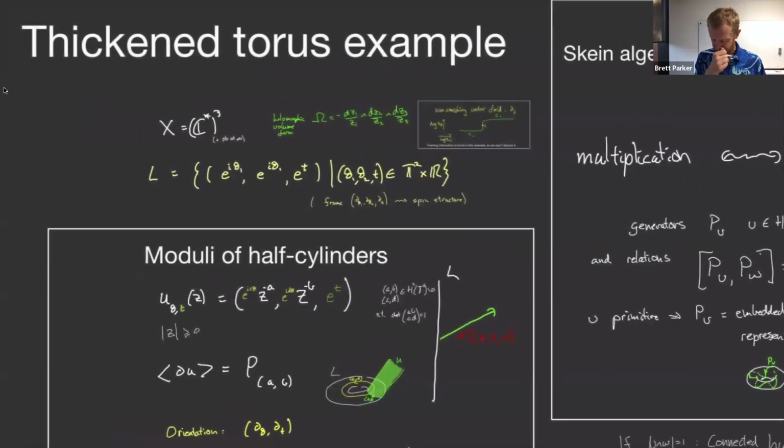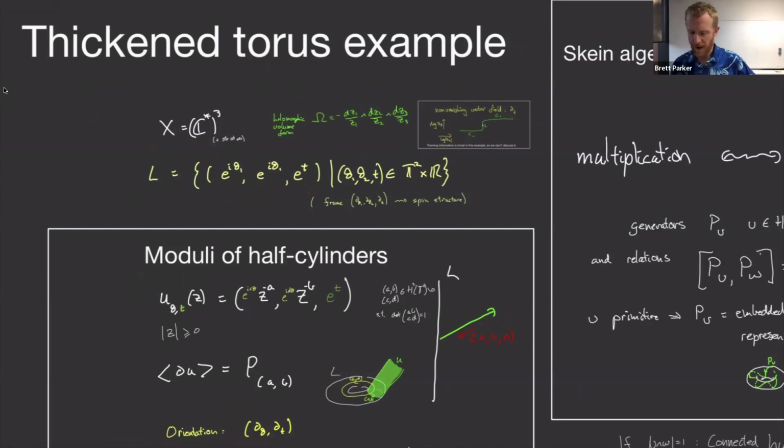Okay, so let's do this thickened torus example. In this case, the ambient log Calabi-Yau is just C star cubed. So tropical curves are going to be easy to draw. The Lagrangian is a circle in the first two components times a line in the third component.